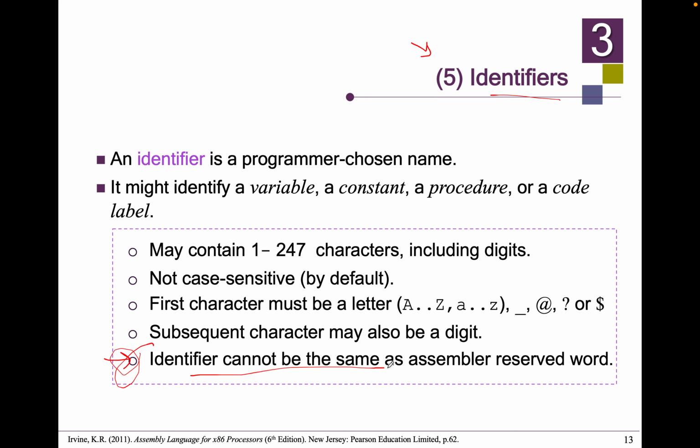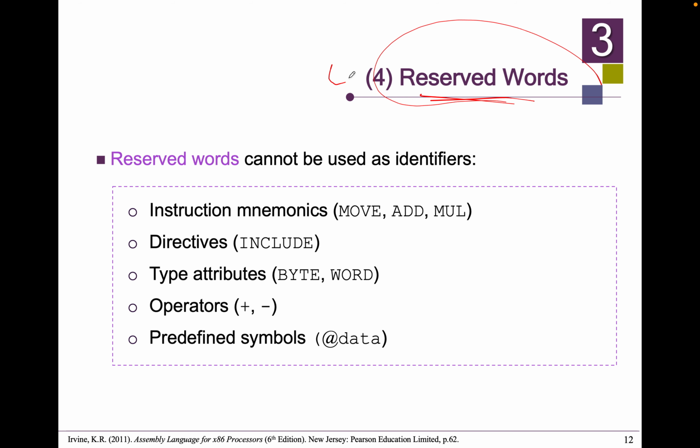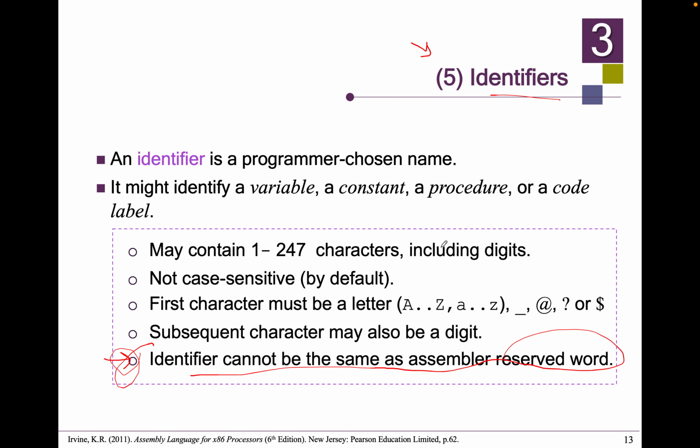An identifier cannot be the same as an assembly reserved word. So go back to your reserved words. There are several that you need to remember which you cannot use for the identifier. This one we already covered.